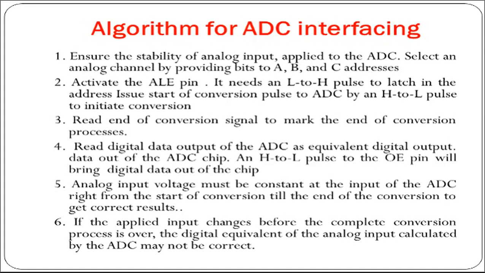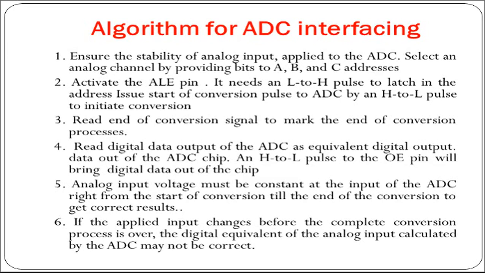Once the data is converted, it will signal the controller using the end of conversion. So read the end of conversion signal to mark the end of the conversion process. Then read the digital data output of the ADC; a low to high pulse on the OE pin will bring the digital data out of the chip.